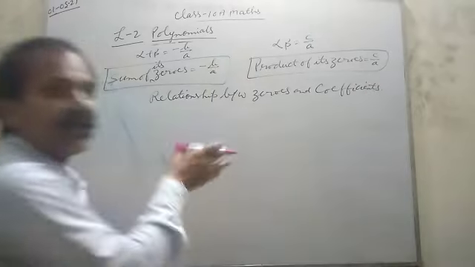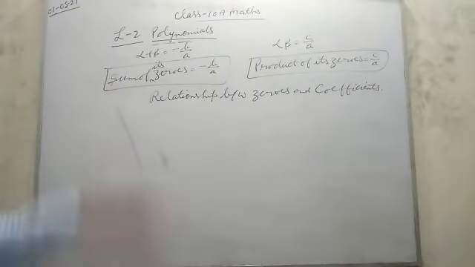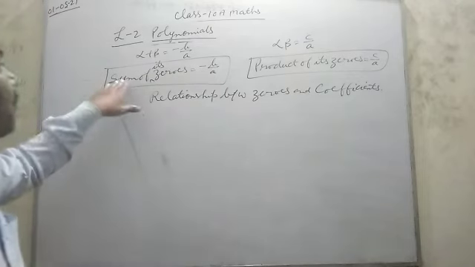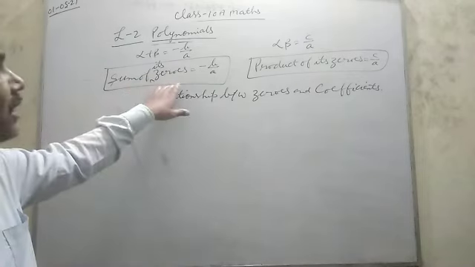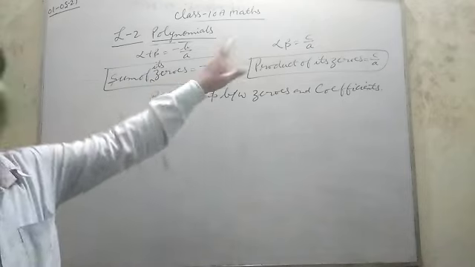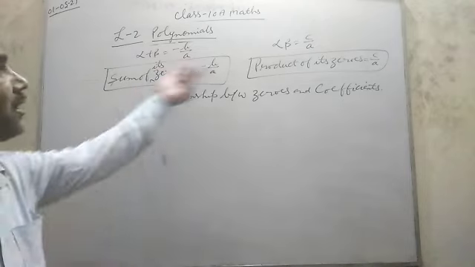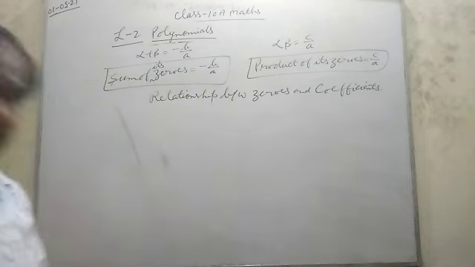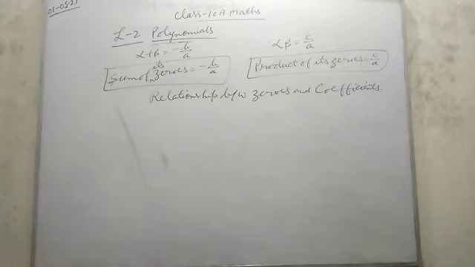Sometimes the question asks for verification, meaning verify the relationship between zeros and coefficients. In that condition we find alpha and beta separately, and then a, b, c also, and then put them in these formulas and verify that both sides come out equal.